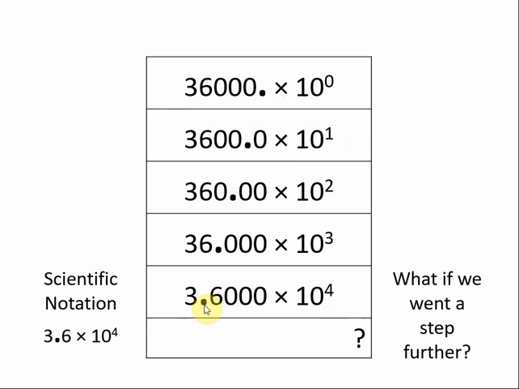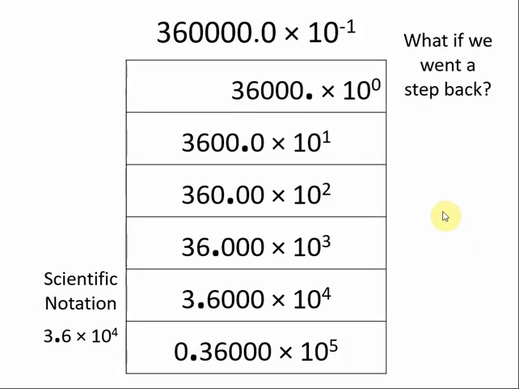Now you could take this pattern past scientific notation. If you understand the math of what we're doing, if we go a step further, what would be there? We'd have 0.36000 times 10 to the 5th. And that continues the pattern of moving the decimal and raising the exponent. If we went a step backwards, we'd get a bigger number from the beginning, and the exponent would decrease down to negative 1.